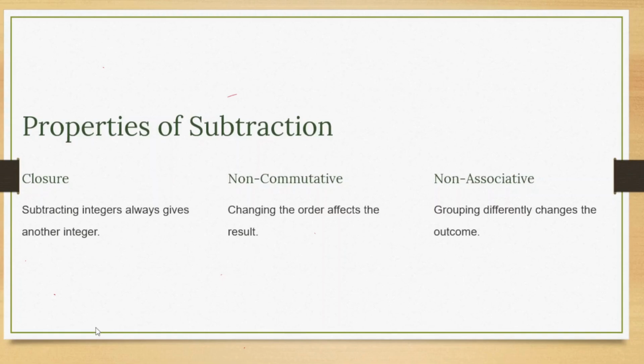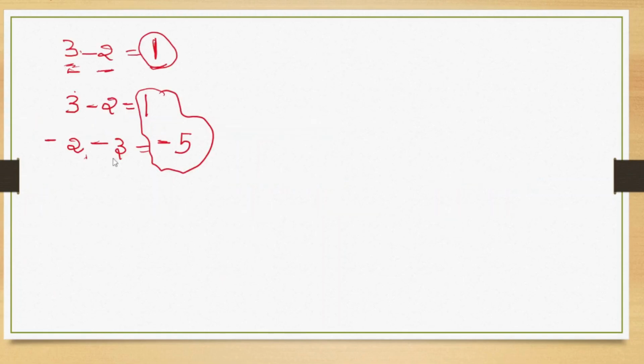Then comes non-associative, which means grouping differently changes the outcome. Okay, let's look into an example. If we subtract 10 minus 3 minus 5, okay, what is the result? 10 minus 3 is 7, 7 minus 5 is 2.